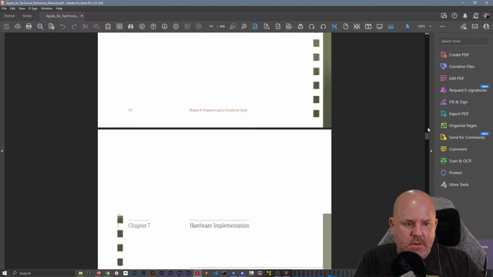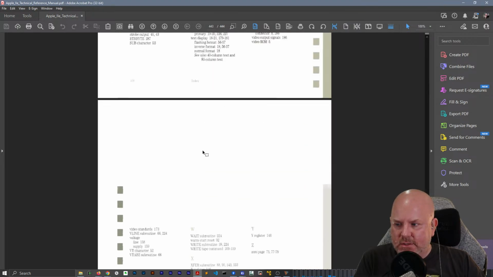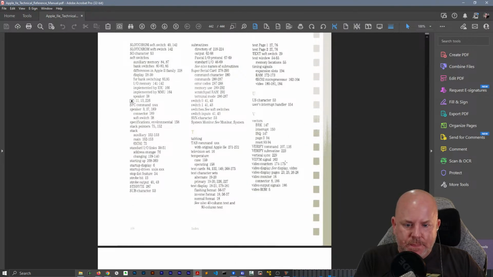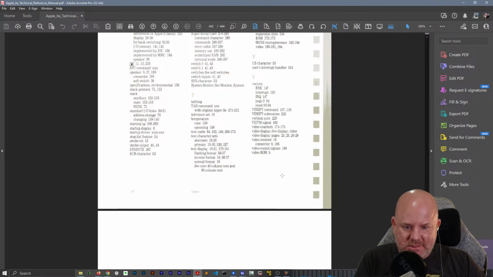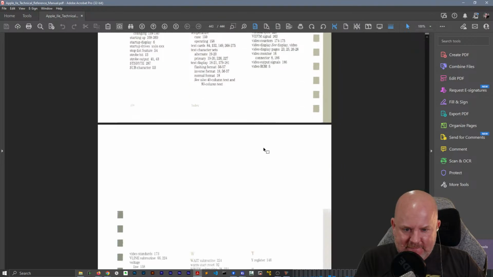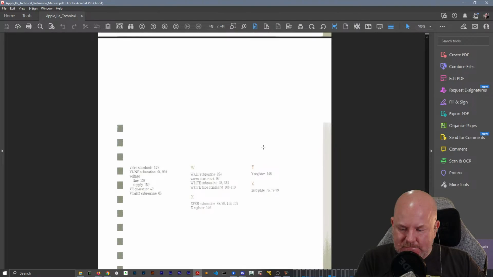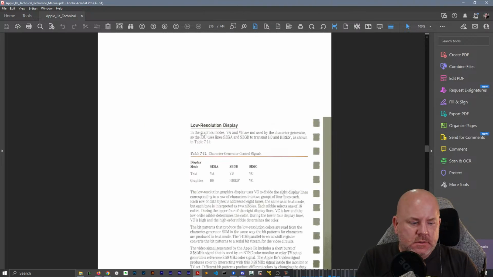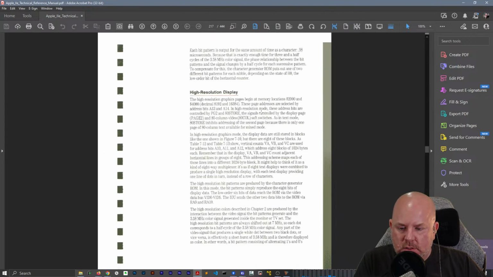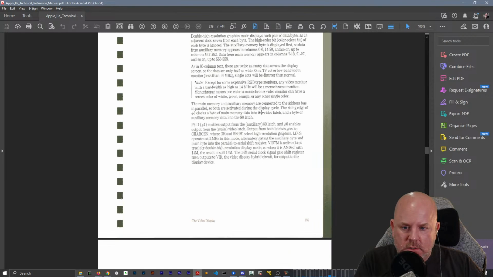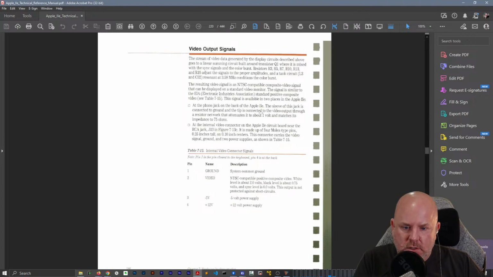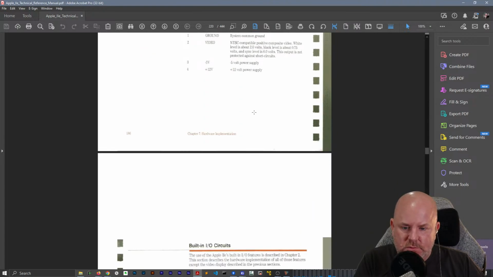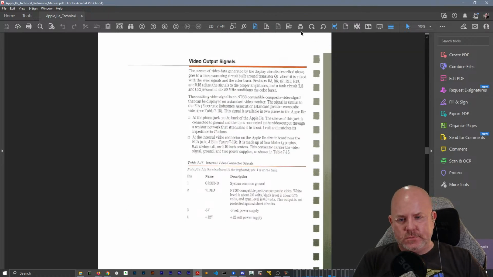Our supply, no. Okay, let's try this one down here. Video output signals. That's not quite what I want. But we can go try that. Yeah, okay. Let's go see what page 186 has. No, ground video. So let me think.